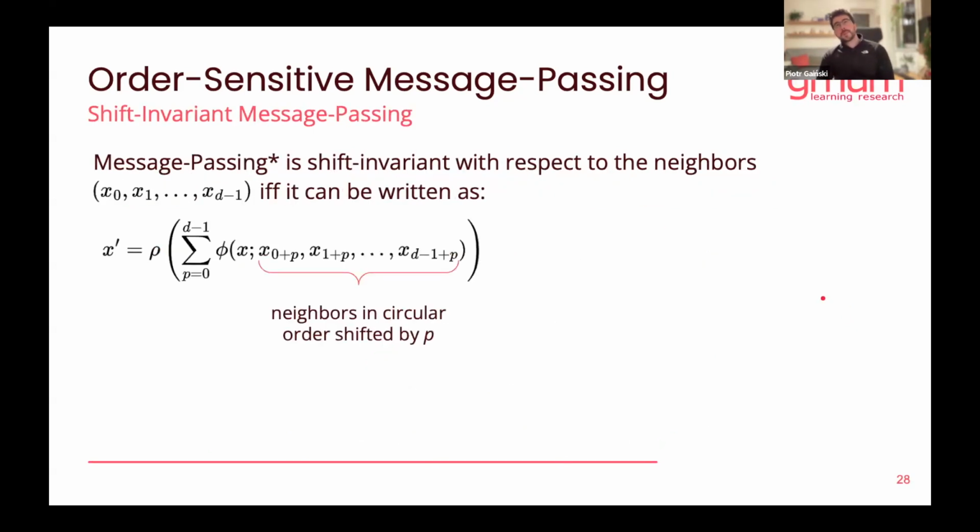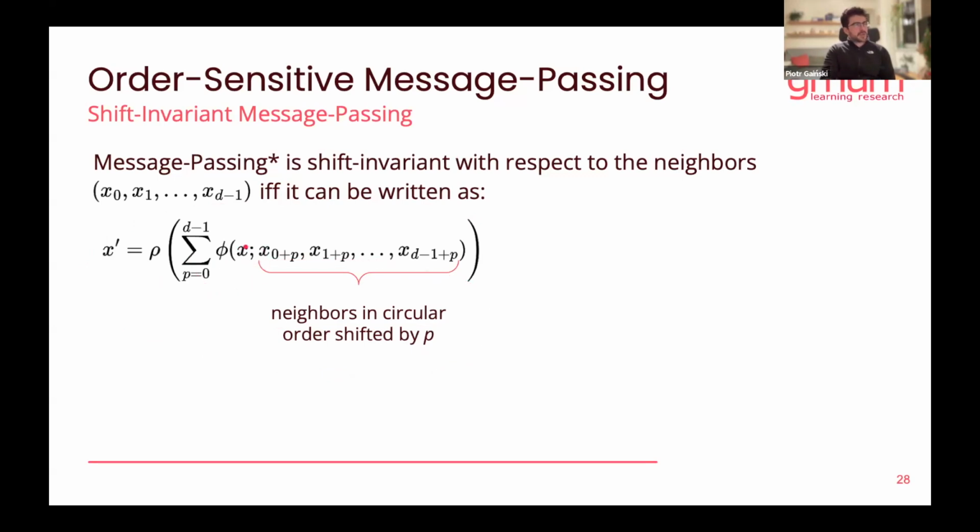However, we want to loosen this permutation invariance and enforce shift invariance. What it means is that if we want our message passing to be shift invariant with respect to the neighbors' order, which we defined previously, this shift equivalent order, then your message passing can be written as the following.